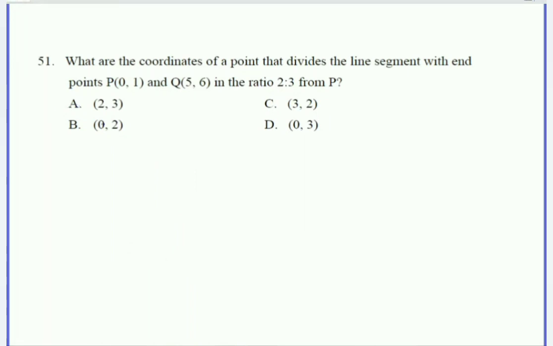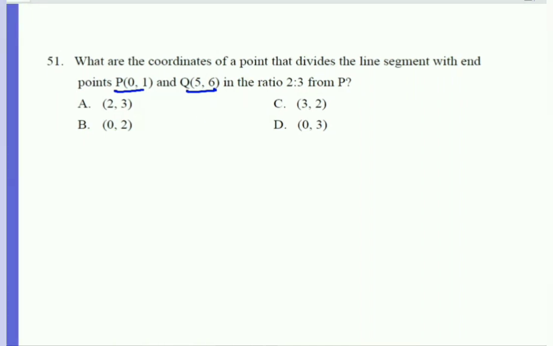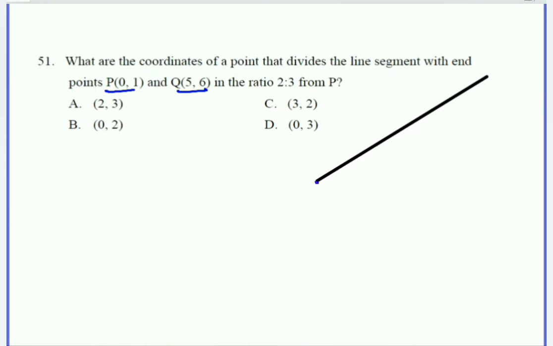The next problem is coordinate geometry. What are the coordinates of the point that divides the line segment with endpoints P and Q? We have a certain line segment with endpoints P and Q. Assume this is our line segment, and say the point P is (0, 1) and Q is (5, 6).